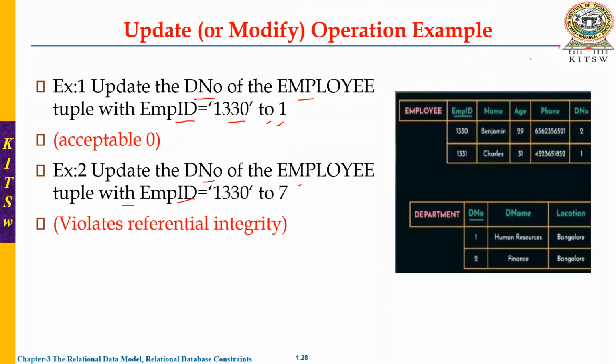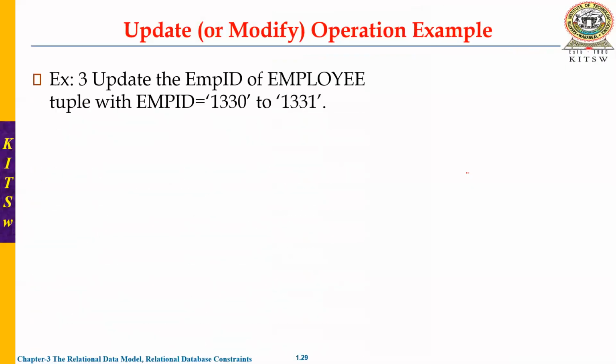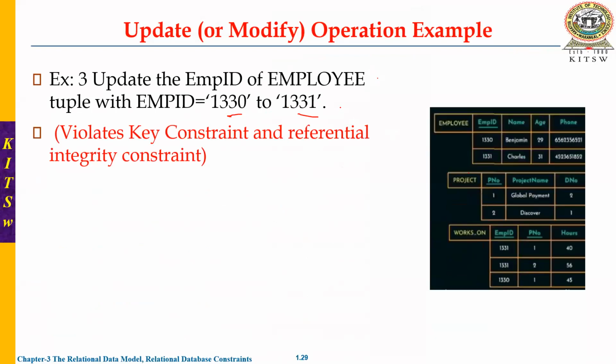Right, so this one. Update the employee ID of the employee tuple with employee ID 1330231, so this violates key constraints and referential integrity both.